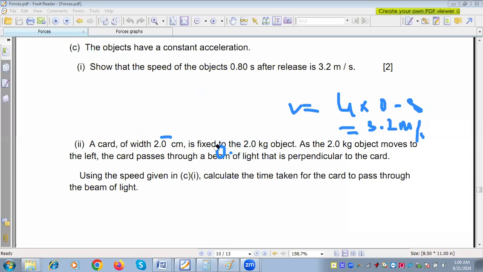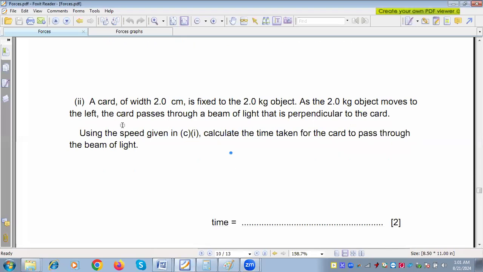Let us read the next part of the question. A card with a width of 2 centimeter is fixed to the 2 kilogram object. As the 2 kilogram object moves to the left, the card passes through a beam of light that is perpendicular to the card.